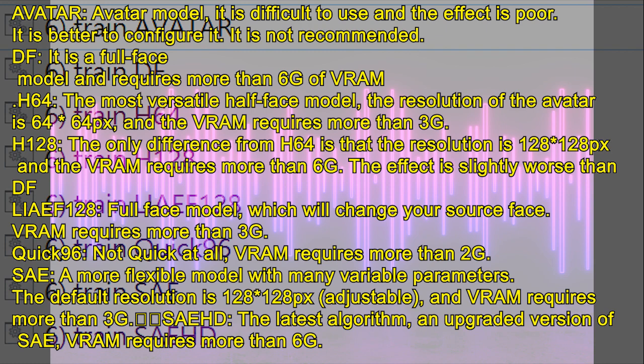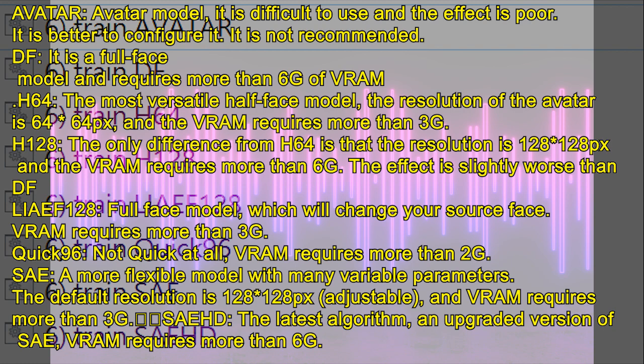The most versatile half-face model. The resolution of the avatar is 64*64px. And the VRAM requires more than 3 GB. H128. The only difference from H64 is that the resolution is 128*128px and the VRAM requires more than 6 GB. The effect is slightly worse than DF.